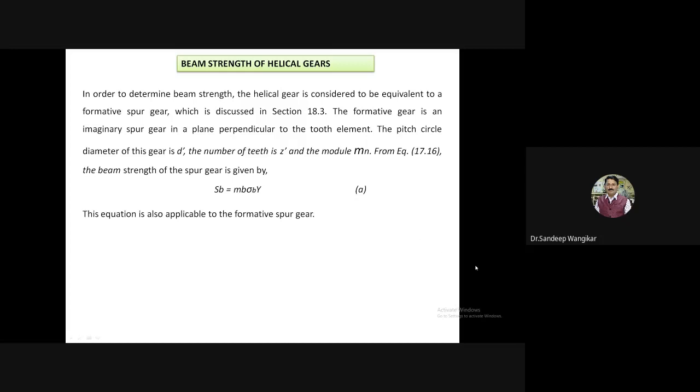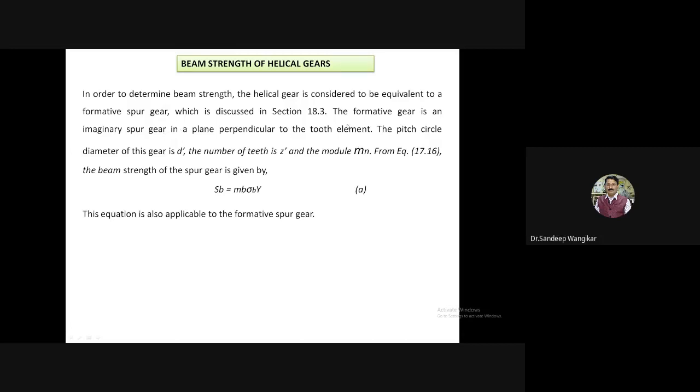In helical gear, in the terminology we have discussed that a formative gear is considered. Formative means an imaginary or virtual gear considered in a plane perpendicular to the tooth element, and that gear is nothing but the spur gear.